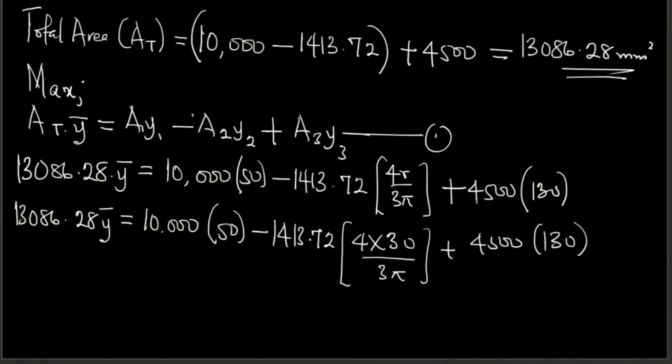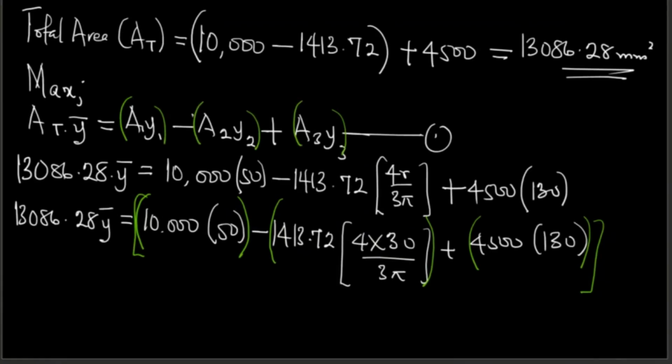So guys, I need the calculator here. You can first simplify this one. You punch this in the calculator carefully, taking note of these brackets. I'm going to put them inside the green bracket. You multiply first before you subtract or add, because sometimes students just punch everything at the same time, then you get the wrong answer. So you first group them inside brackets: A1 Y1, A2 Y2, A3 and Y3.